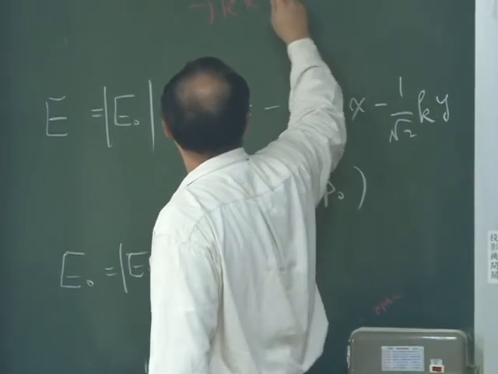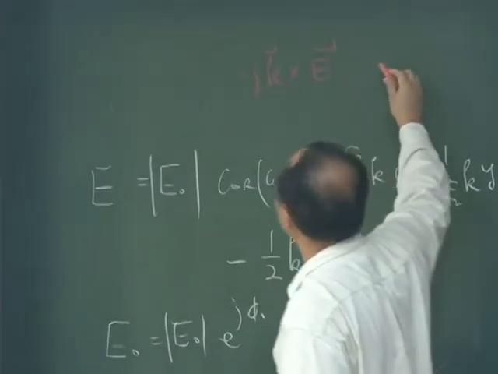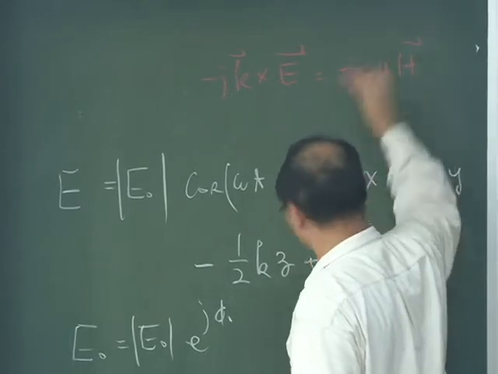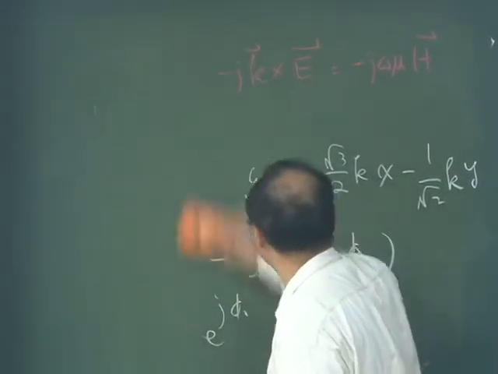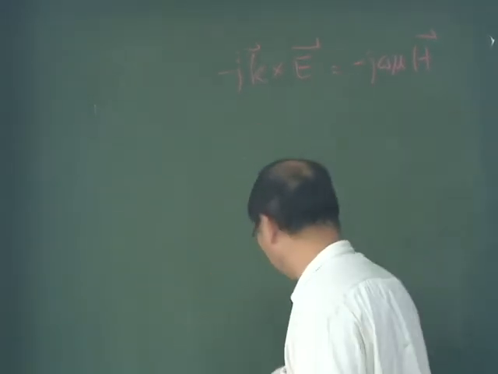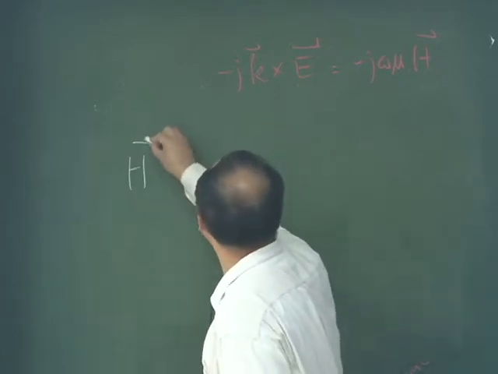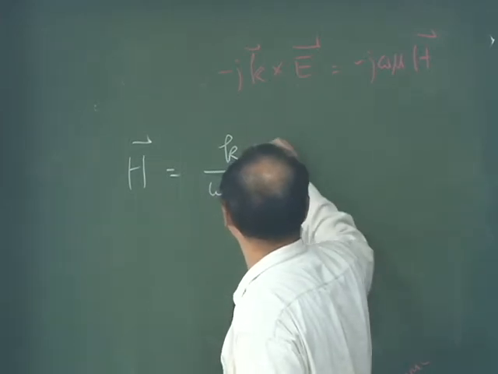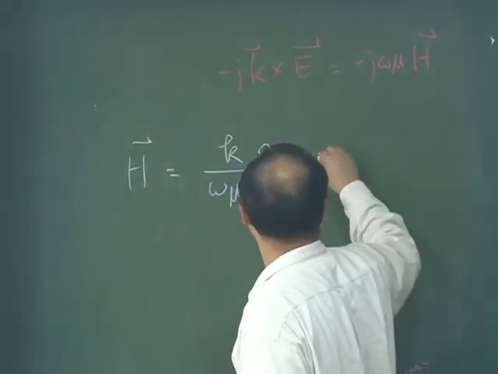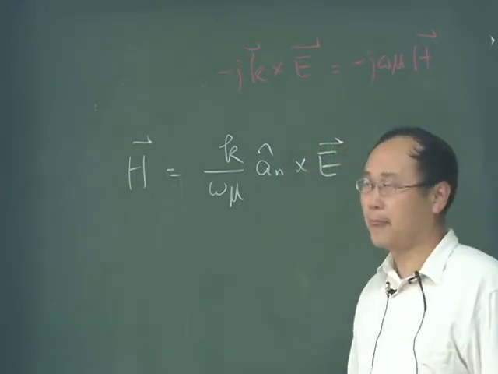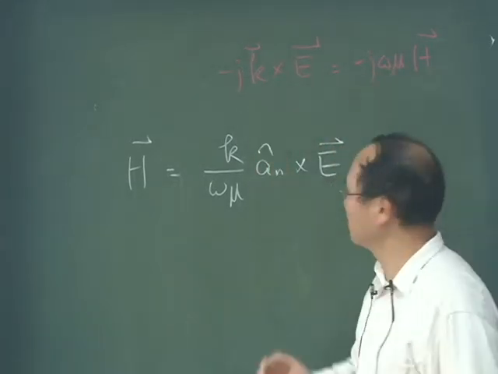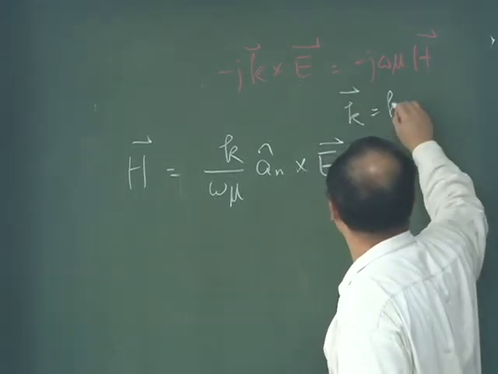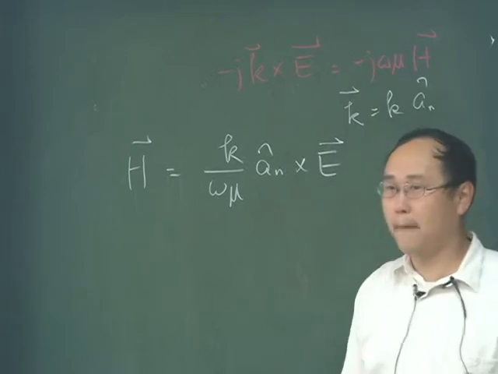So if you equate jk cross E equal to minus j omega mu H, you can organize this into H equal to k over omega mu, an cross with E. You just move this over, and write k as k multiplied with an.